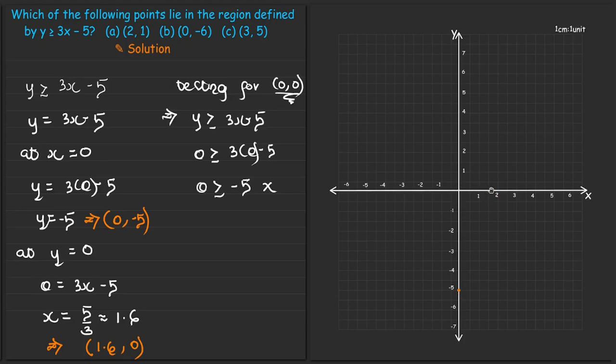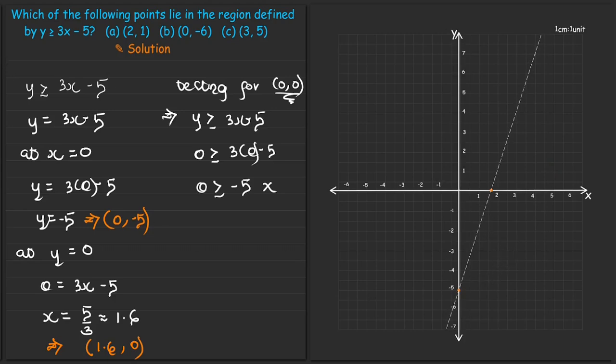That is this point over here. Then we join these 2 points, taking my ruler and joining this straight line. Then you extend it downwards so that it covers your entire Cartesian plane.